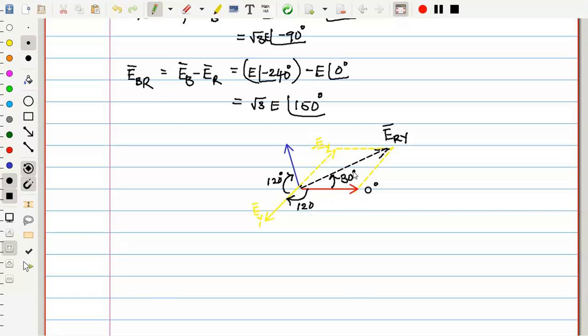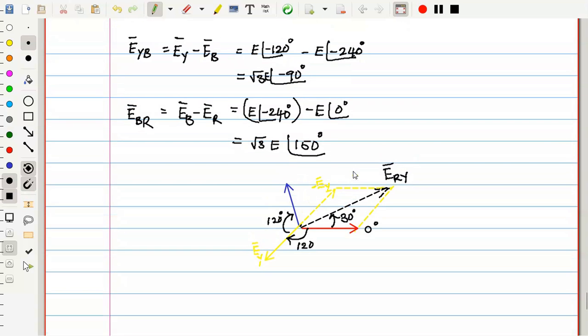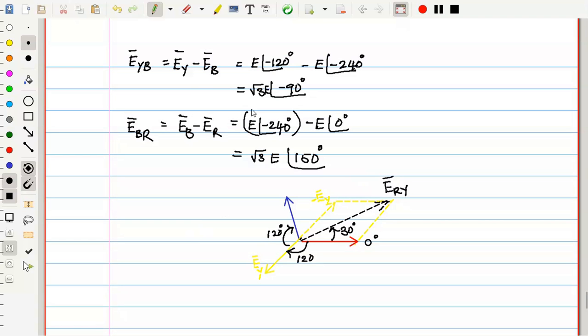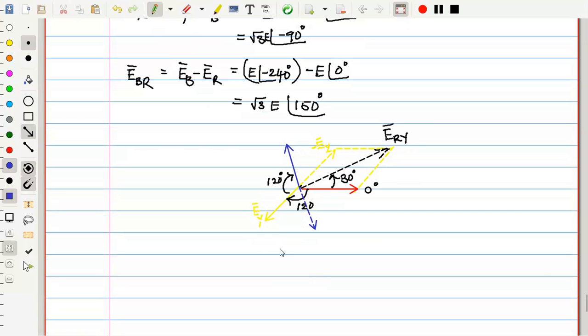Similarly, EYB, right? EYB means EY plus of minus EB. Where is EB? Take that negative value. EB negative means in this way. Now draw the parallelogram to get the resultant of EY and minus EB.